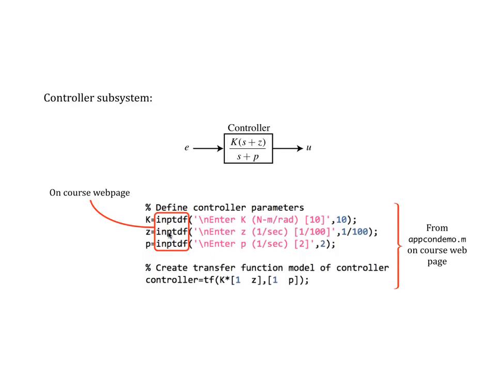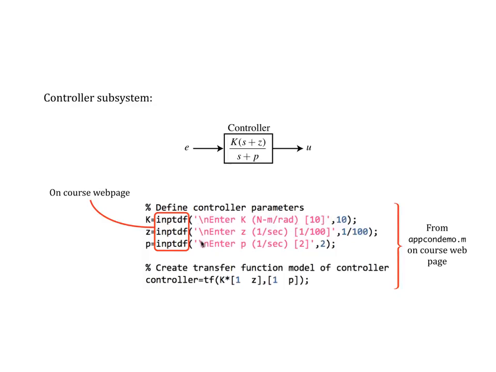Input df.m, it accepts as a first argument a prompt that it then prints out on the command window for the user. For example, this prompt tells the user to enter a value for k in units of Newton meters per radian. It specifies here that if the user hits simply the return key, the M file will accept for k the default value of 10.